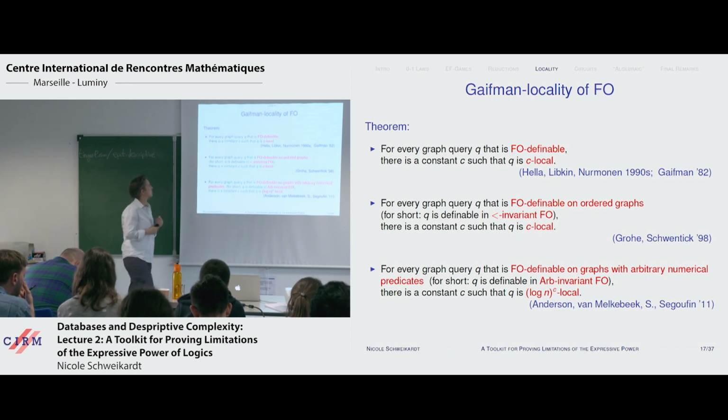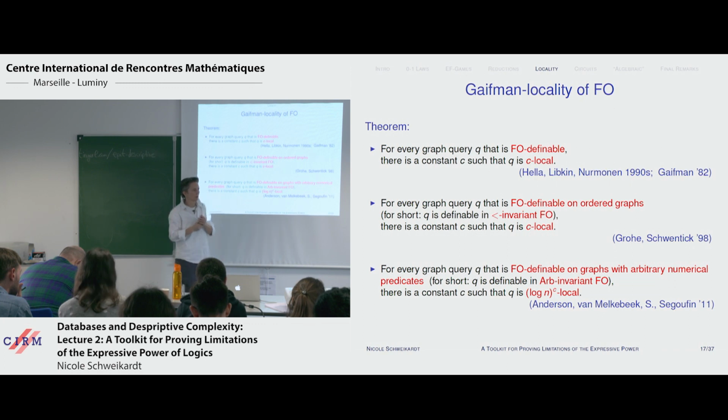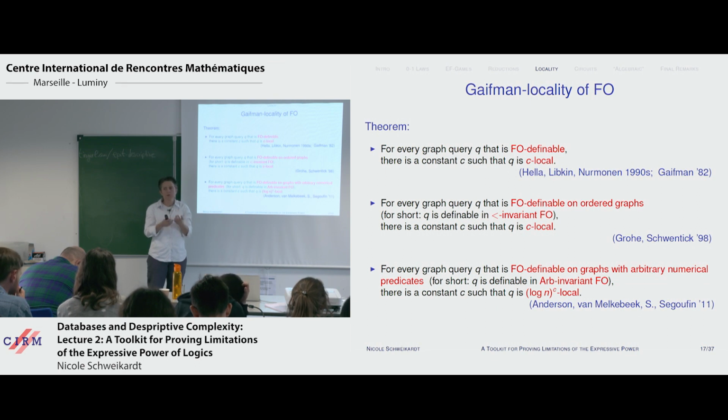Why not also use the bit predicate? If this linear order associates numbers with your nodes, you can identify the nodes with numbers 0, 1 up to n-1. And then if you have these numbers, you can do bit representation of the numbers. You could do whatever you like. That's something that some algorithms make use of when you do hashing. So why not give the formula the possibility to do that?